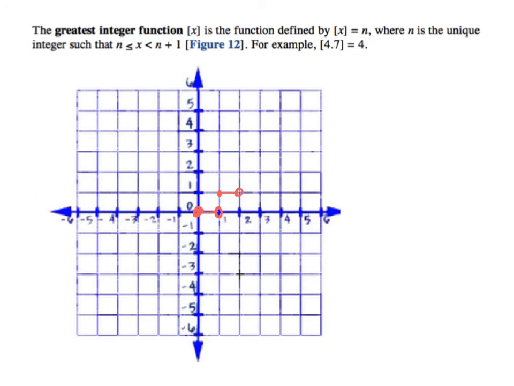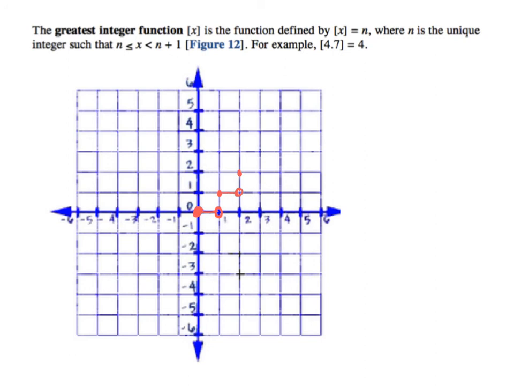So I'm filling in the left side circle, but leaving the right side circle open, right? Because if I have 2 inside of this function, it equals 2, not 1. But if I have 1.999, that equals 1.